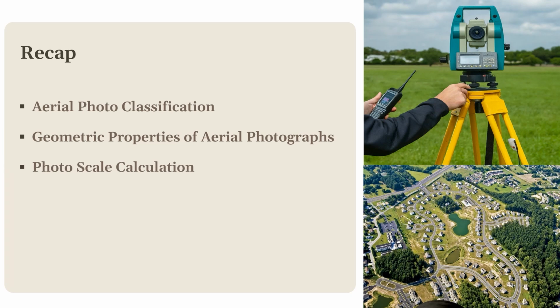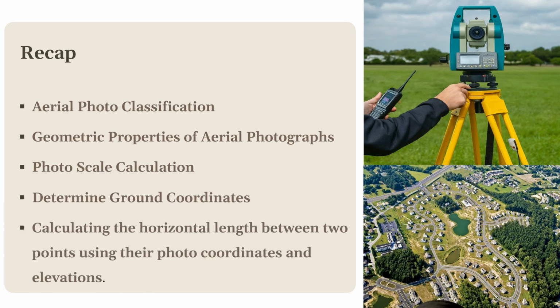We also learnt how to calculate the photo scale for both flat and uneven terrains. We also discussed how to determine ground coordinates from photo coordinates using similar triangles. Finally, we applied all these concepts in an example calculating the horizontal lengths between 2 points using their photo coordinates and elevations.